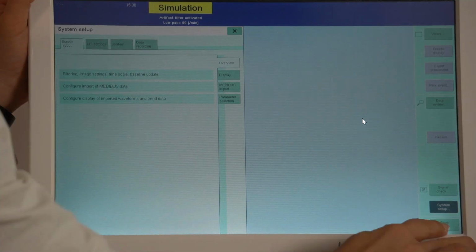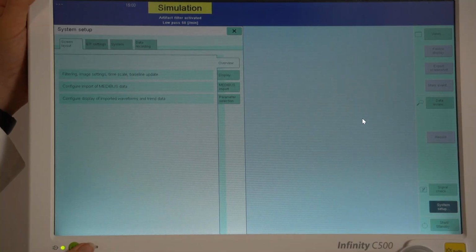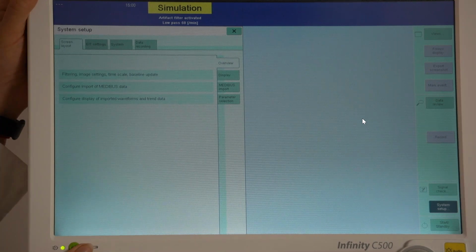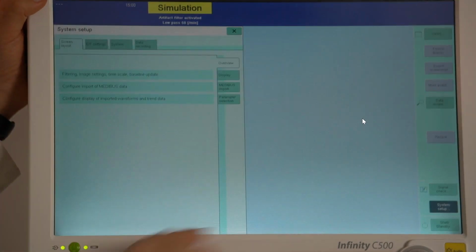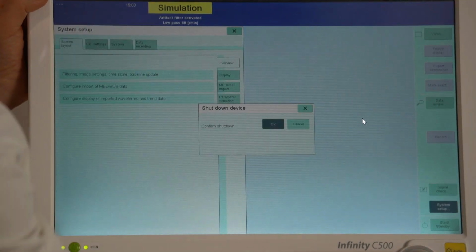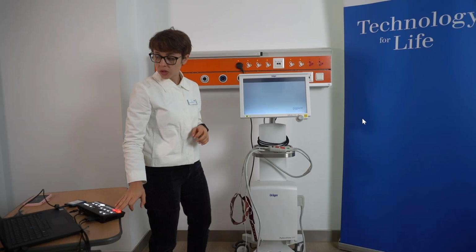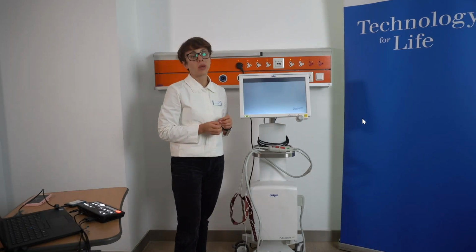So we have already preloaded the recordings of the simulation files. We have previously recorded a collection of clinical files, and we have loaded them onto the screen, and we are now able to demonstrate using this simulation.